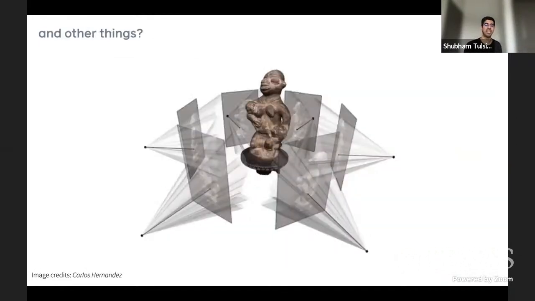Similarly, we have had, for a few decades, systems that, given a few images, for instance of a statue, can very accurately get a detailed 3D model of this particular object. For example, this work from Carlos Hernandez et al.